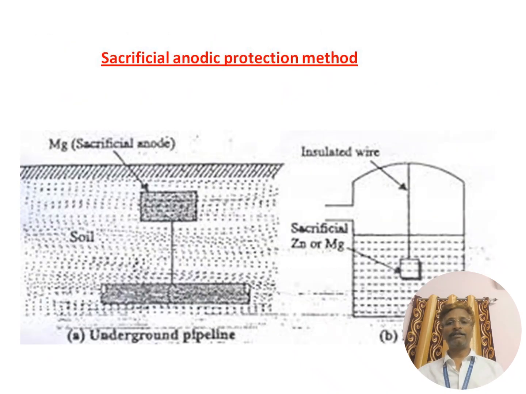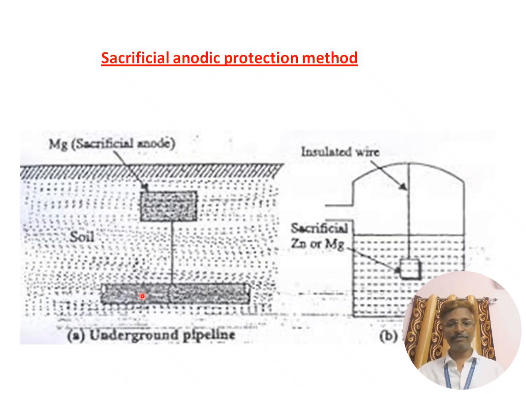Look at this picture, you can clearly understand the concept. There is one big pipeline buried underground. If you want to protect this pipeline, it should be connected with the anode via a wire.